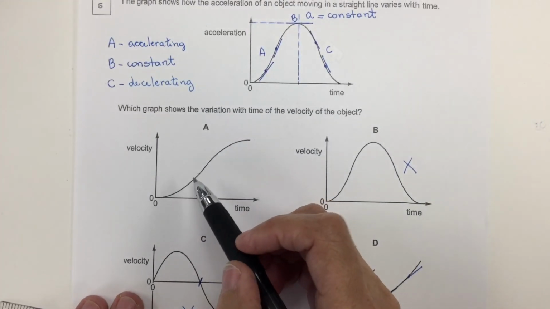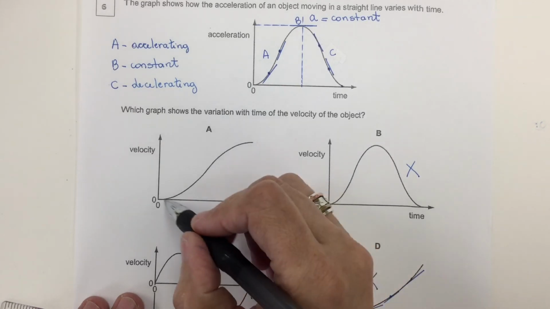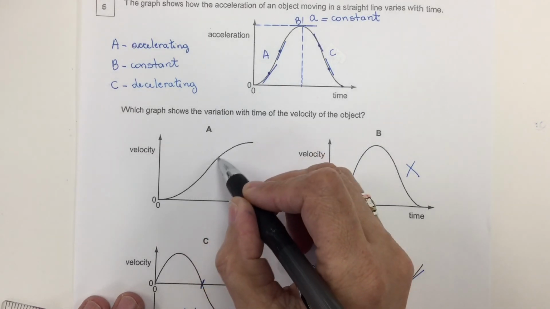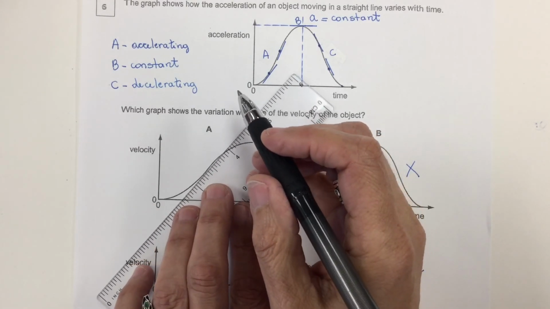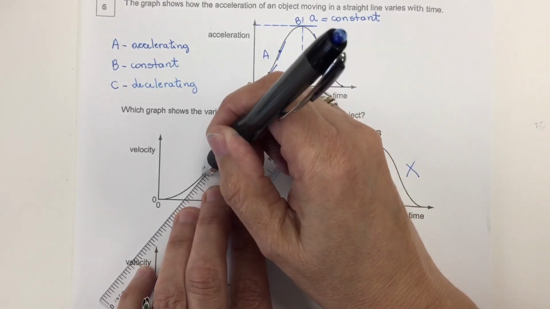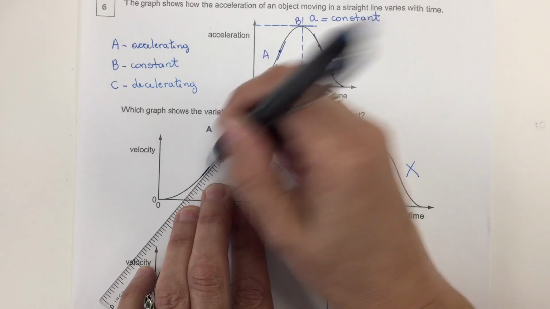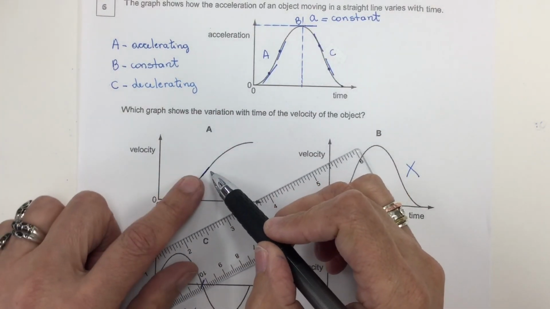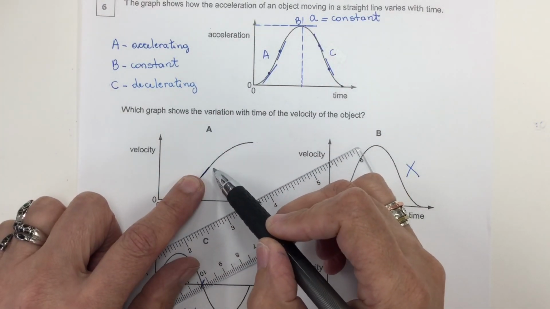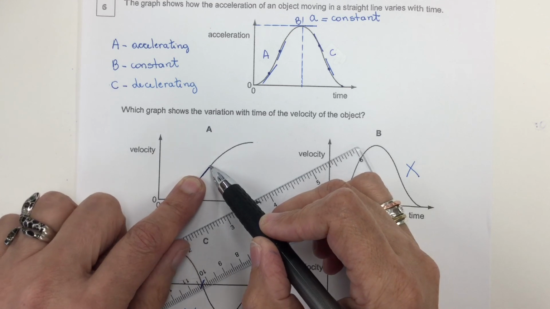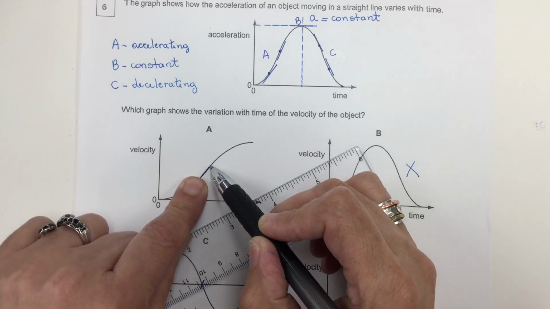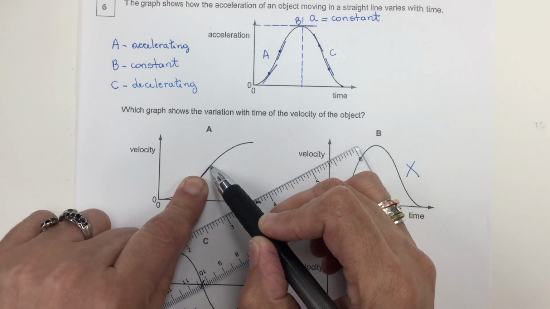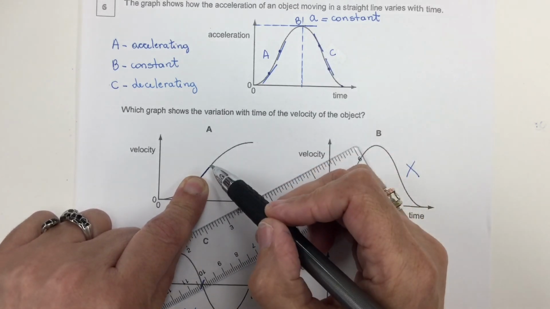Now, this graph shows an increasing curve, a decreasing curve, and right here in the middle, I can find a spot with a constant acceleration because there is a straight line right here. The velocity is changing, but at a constant rate, because acceleration here is constant.